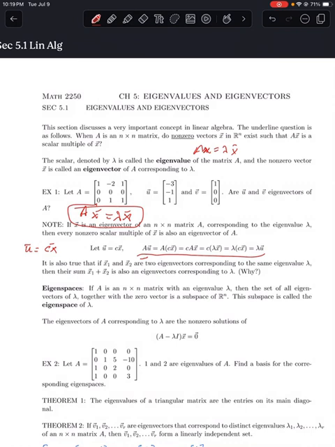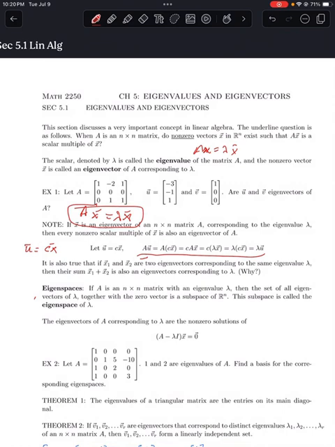By properties of vectors, the two scalars can be combined, so it becomes lambda times c times x. Putting c back with the x, it becomes the u vector. So we get back A times u equals lambda times u, which means any scalar multiple of the x vector is going to be an eigenvector for the same eigenvalue.